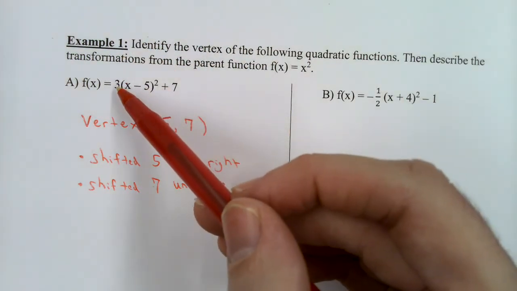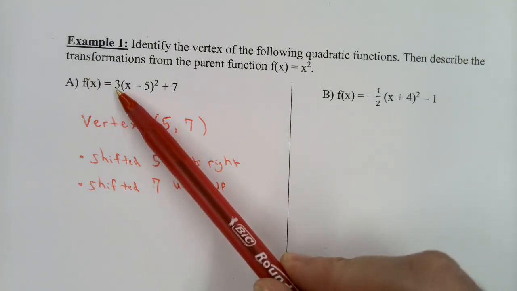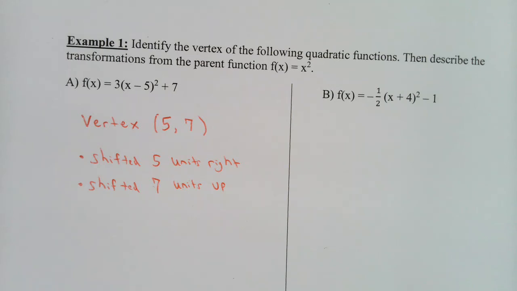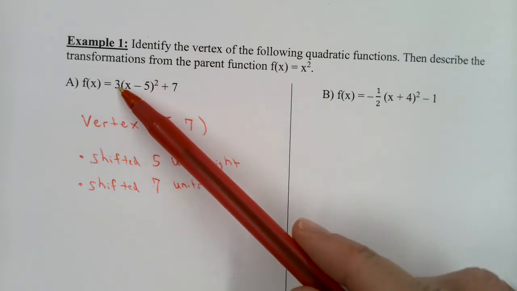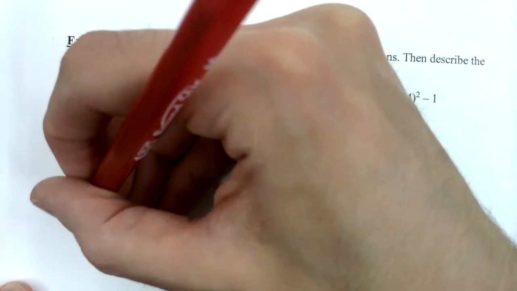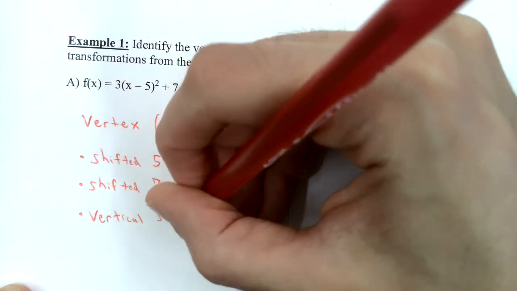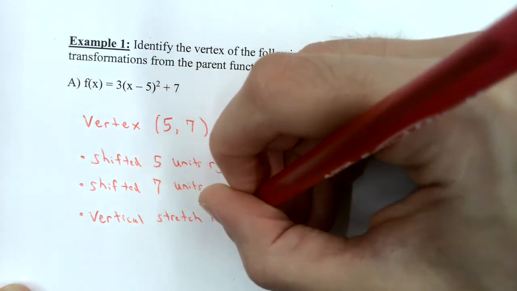And whenever the number at the front has an absolute value greater than 1, for example, if the number in the beginning is like 2, 3, 4, 5, 6, 7, negative 2, negative 3, negative 4, negative 5, or decimals like 2.5 or 5 halves or 7 halves, then it's going to be skinnier than the parent function, and that's called a vertical stretch. I'm going to jot down vertical stretch. In other words, it's skinnier.